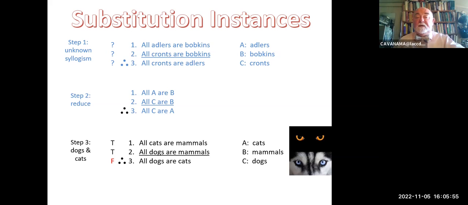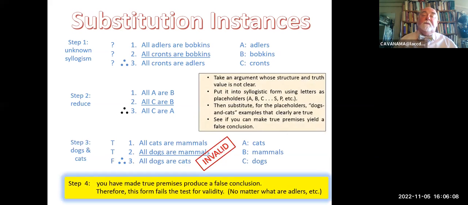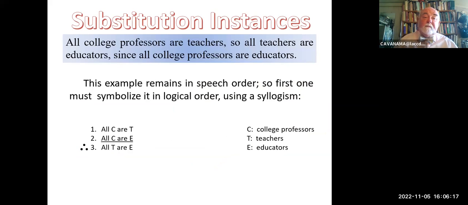We've taken this form, the one in step two, given it dogs and cats examples, made true premises, produced a false conclusion. So that's different from the other Adlers, Bobkins example we used earlier. True premises produce a false conclusion, therefore the form fails the test for validity. Again, no matter what Adlers are, we don't need to know that.